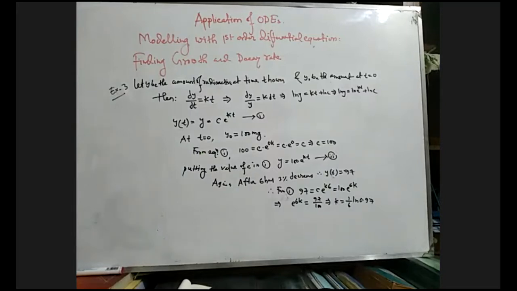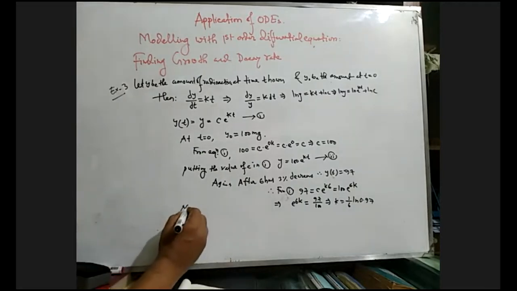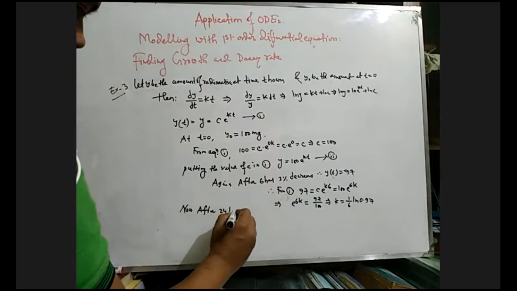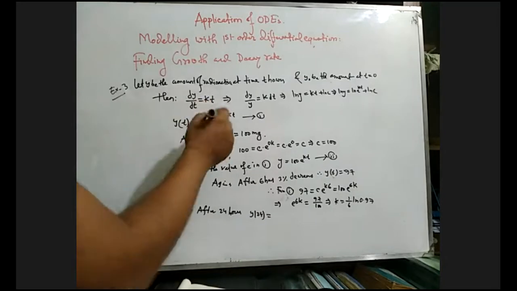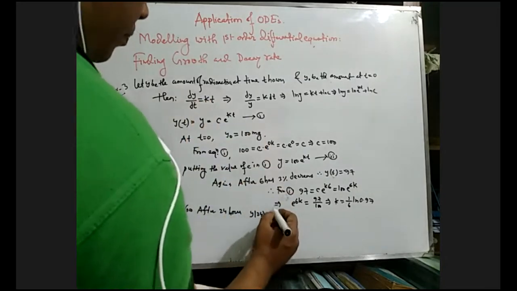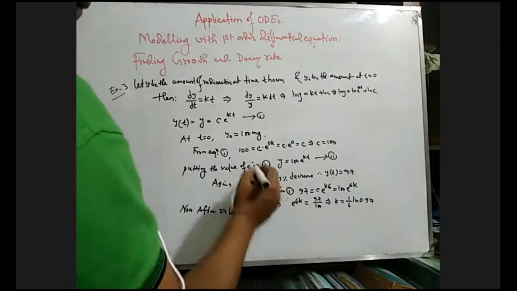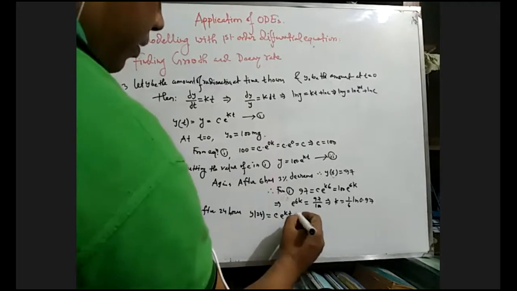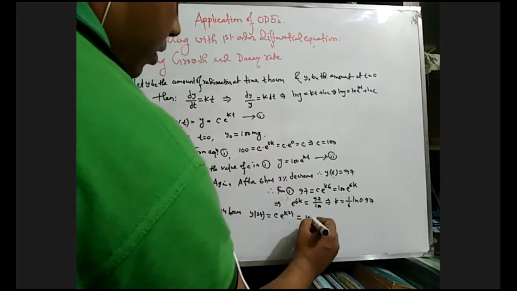Now after 24 hours, y24 equals, from the same equation 1, what will be? c into e to the power kt, with t equal to 24 hours. c value is what? 100.